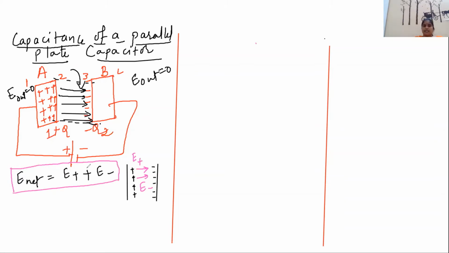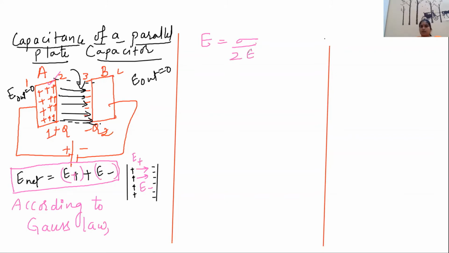Now we will find out the electric field according to Gauss law. According to Gauss law, the electric field existing on an infinite plane sheet, this is a plane sheet, is given by sigma by 2 epsilon naught, where sigma is the surface charge density.